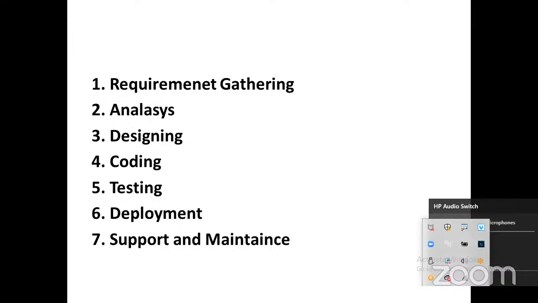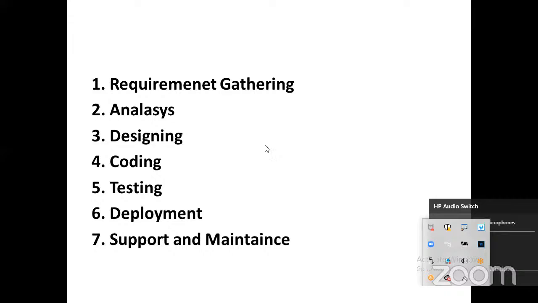He is the person who will prepare the documents along with his team of members. Generally, in real time, we'll call them the product management team. Initially, the business analyst will gather the requirements from the client and prepare the documents. And then they will do analysis and then designing, coding, testing, deployment, support and maintenance.